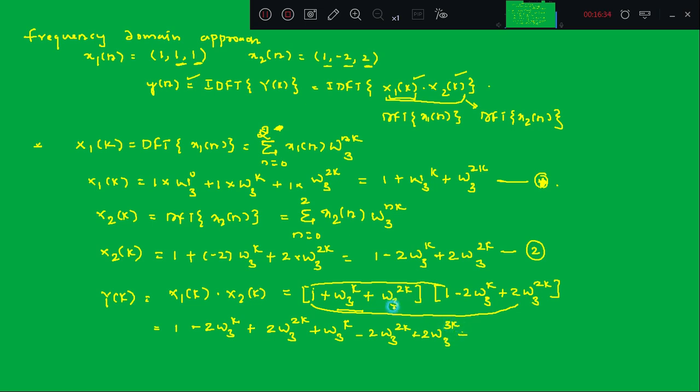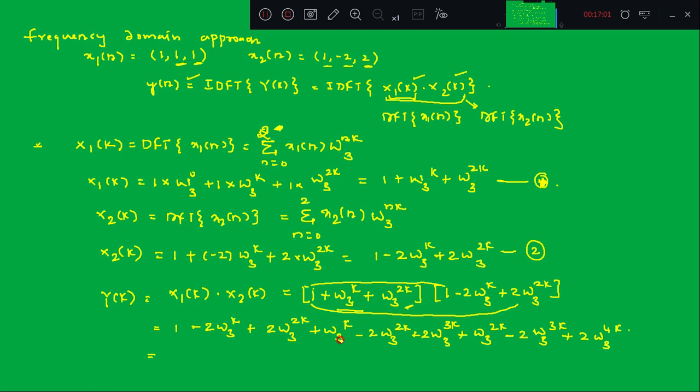Next plus this term to all these terms. So W3^2k minus 1 into 2 is 2, 2k into k is W3^3k, plus 2 into 1 is 2, 2k into 2k is 4k. So W3^4k. Now identify the similar terms here.